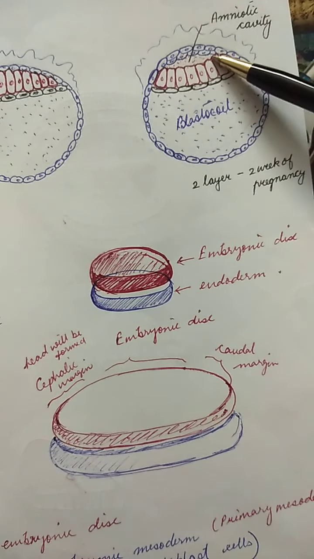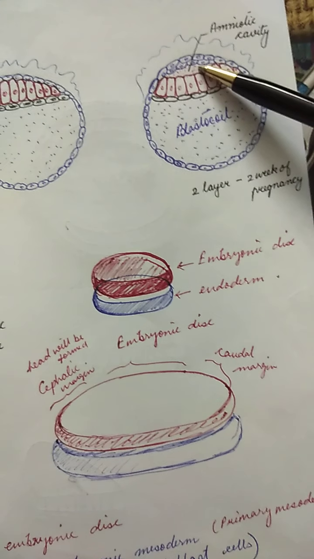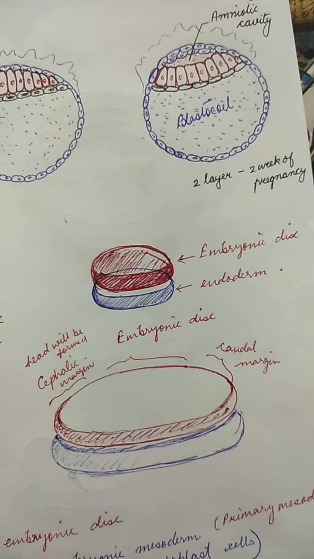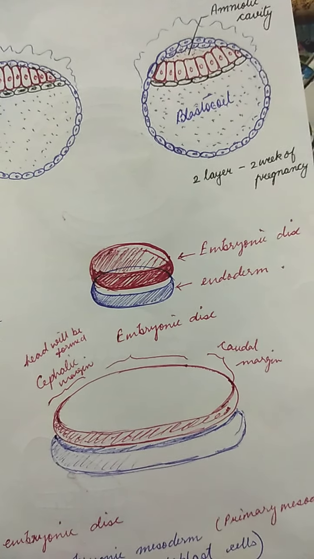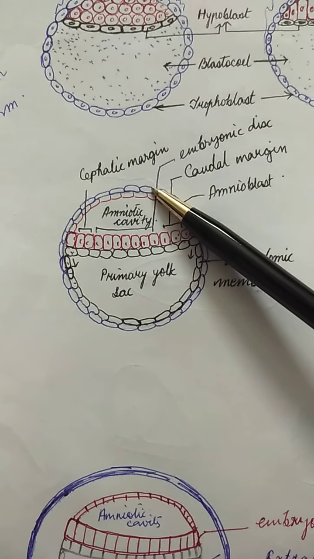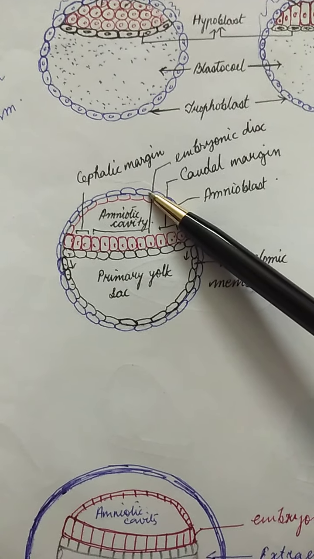The cavity which is formed is known as amniotic cavity. The roof of the amniotic cavity is lined by amniogenic cells which are derived from the trophoblast.